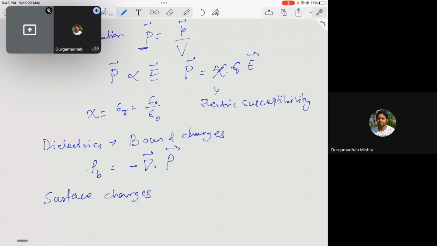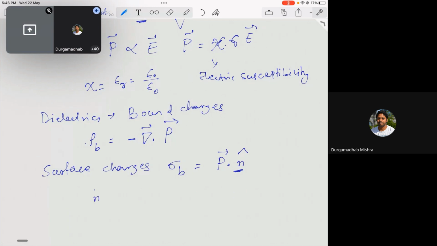But in a dielectric, you have both bound charges within the volume and also surface charges, written as sigma B. The B is to distinguish it from the conductor, where you simply write sigma or sigma F. This also depends on the polarization and n cap, the unit vector perpendicular to the surface.